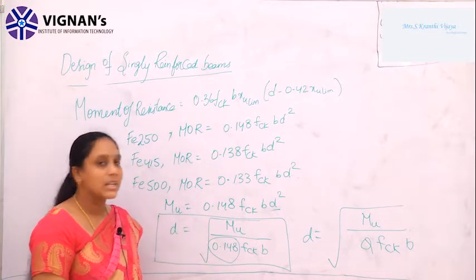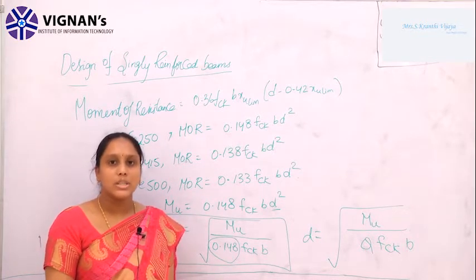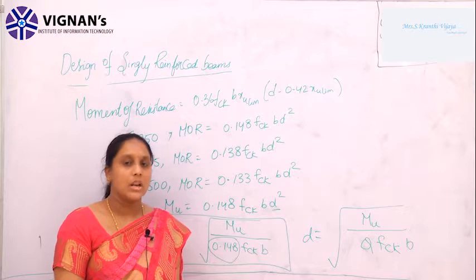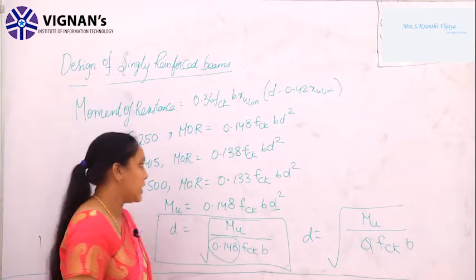Now, we have calculated the effective depth. So, what is the next unknown? The next unknown is the area of the steel. So, in the second step, we are going to find out the area of steel reinforcement.